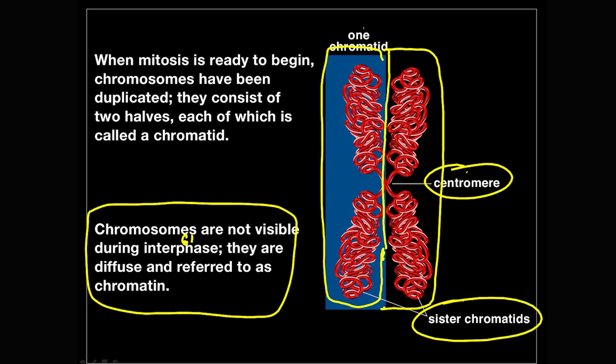So we can't see them until they become fully this way. When they're all diffuse and not really individually visible under the microscope, they're referred to as chromatin. So that's why whenever you see these beautiful pictures of chromosomes, it's almost always during mitosis, because that's the only time they gather themselves up into this beautiful X-like structure.